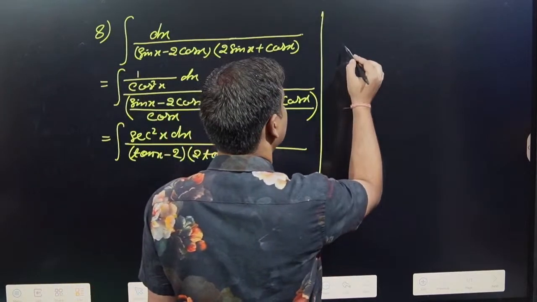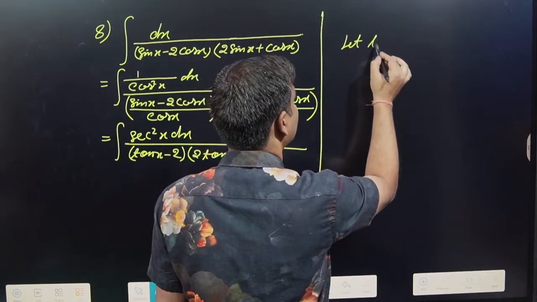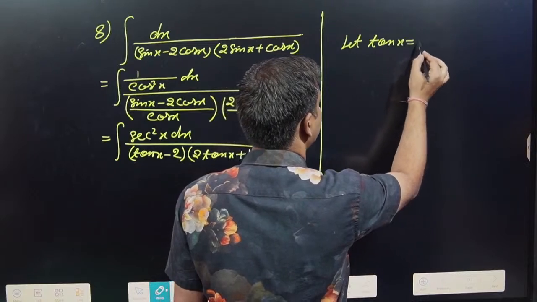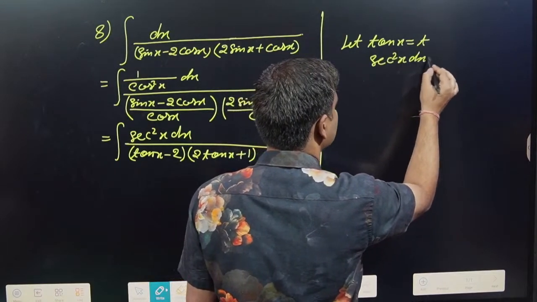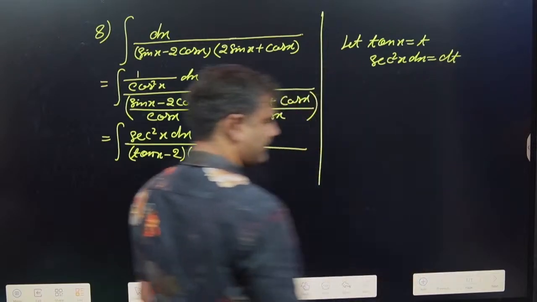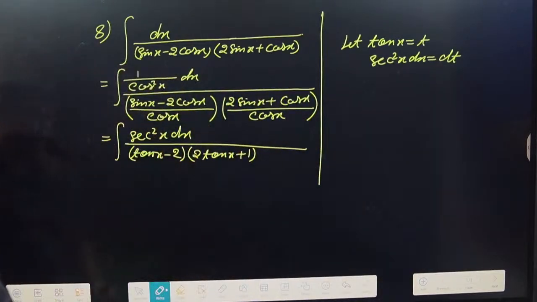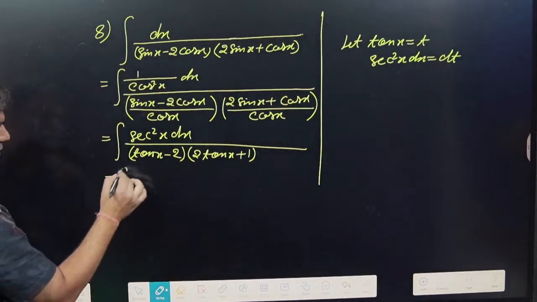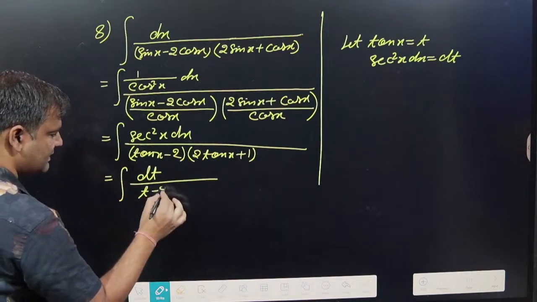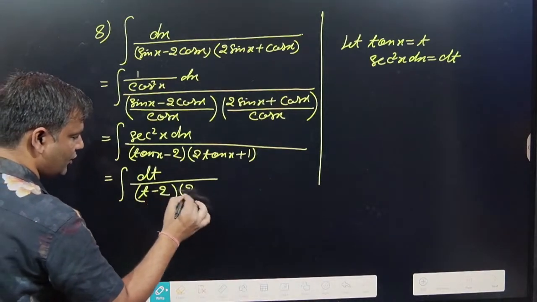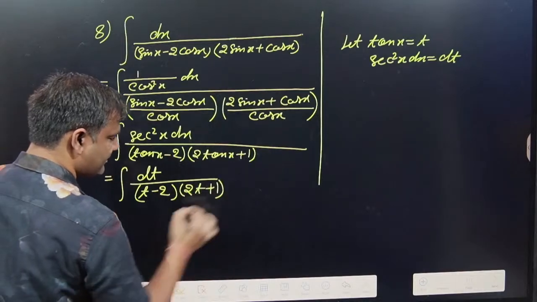Let tan x be t. So sec square x dx is replaced by dt. So dt divided by (t minus 2) into (2t plus 1).